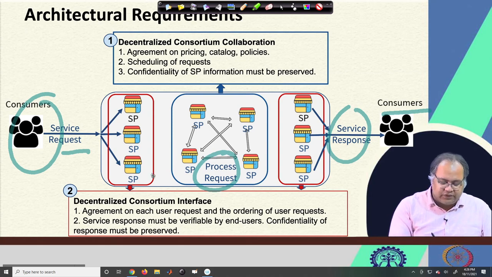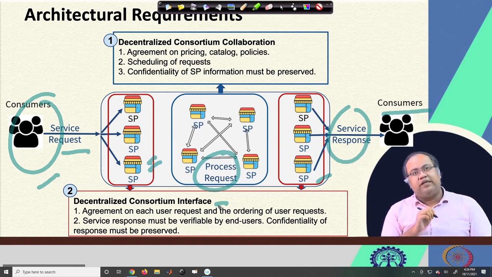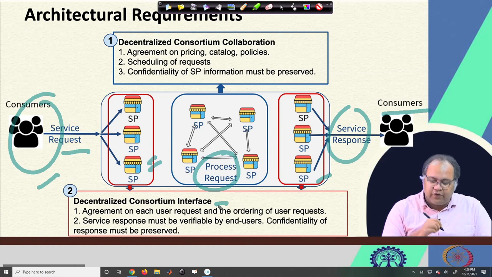The first requirement is to design this interface between the consumer and the service provider, which is called the decentralized consortium interface. This decentralized consortium interface should support an agreement on each user request and the ordering of the user requests, and the service responses must be verifiable by the end users, and the confidentiality of the response needs to be preserved.